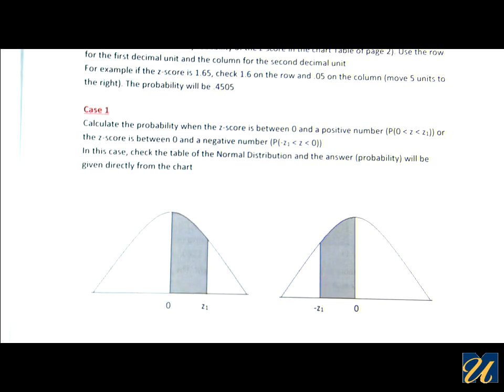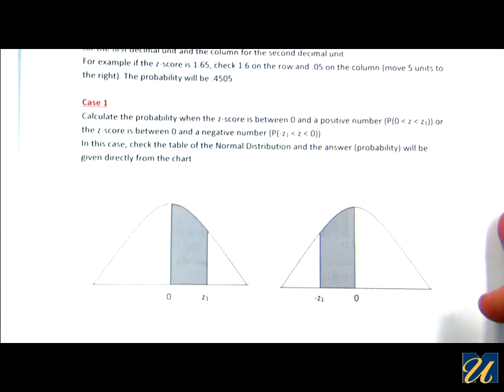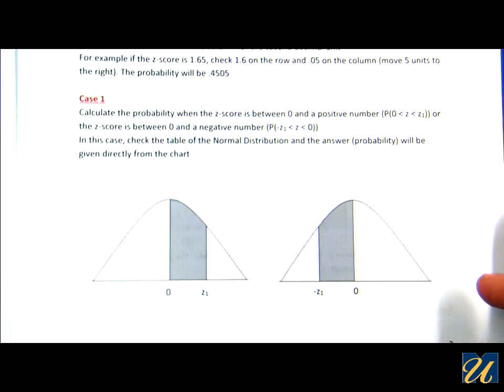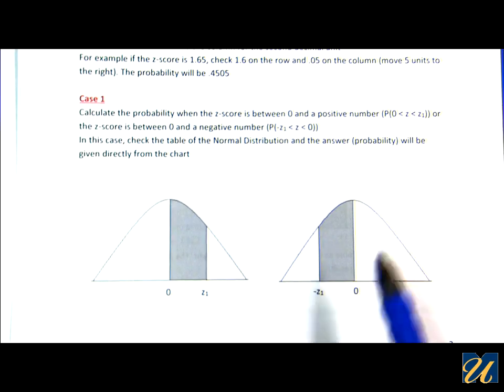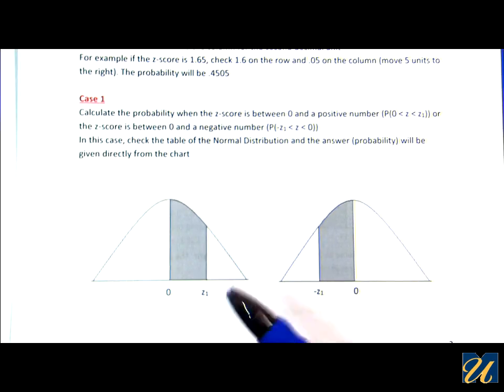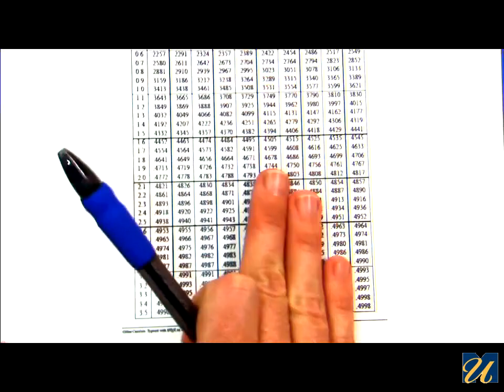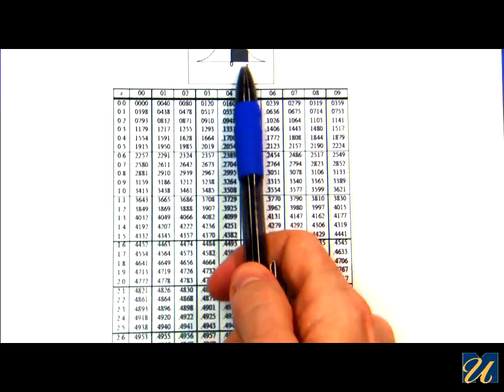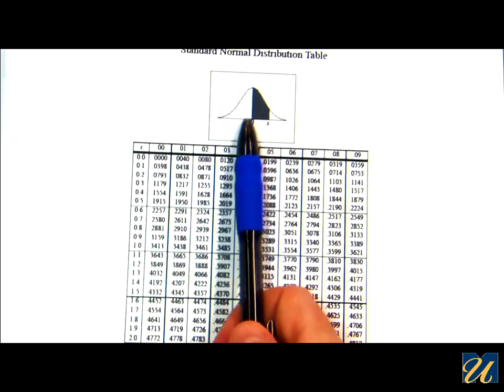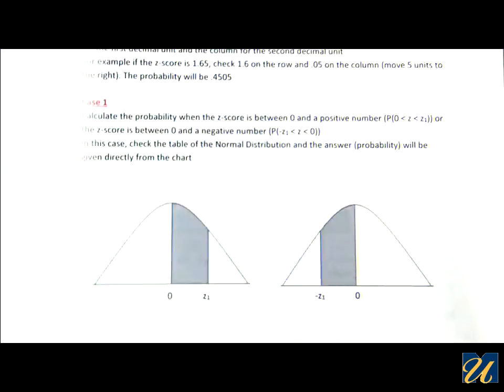That means whenever we talk about areas, we talk about the corresponding probabilities. So whenever you're looking for an area that's between 0 and a specific z-score, the answer will be whatever you get in your table. Why? Because this is exactly the area that your table gives you.